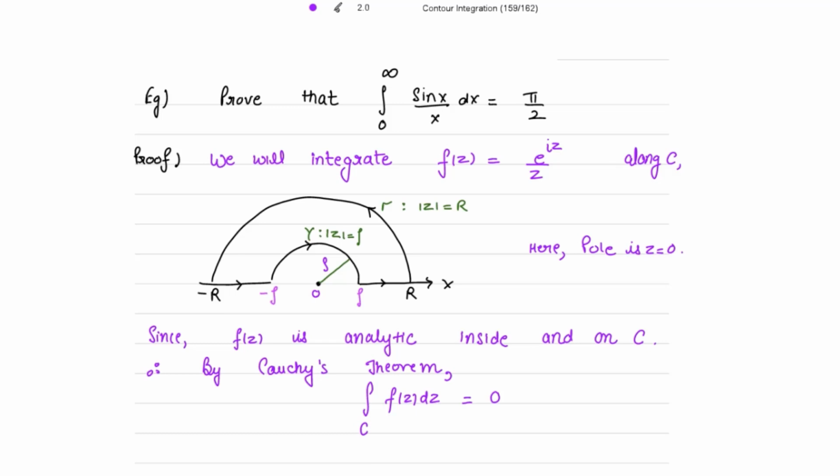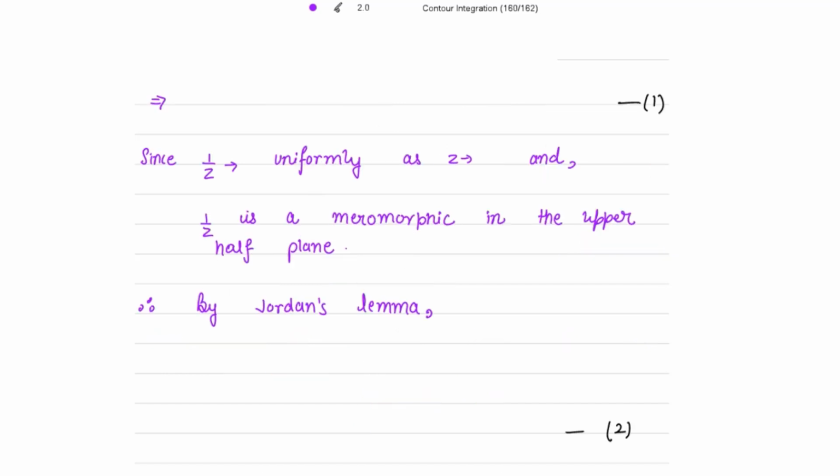Right? Now I will split this contour. First I will take from rho to r, then I will take the contour along this tau semicircle, then I will take my contour from negative r to negative rho, and then the one for this gamma. Right, I have the 4 parts now. So this contour is splitting up into 4 parts.